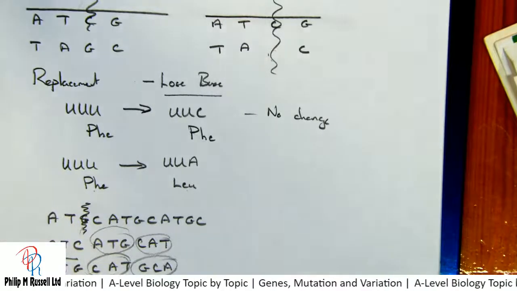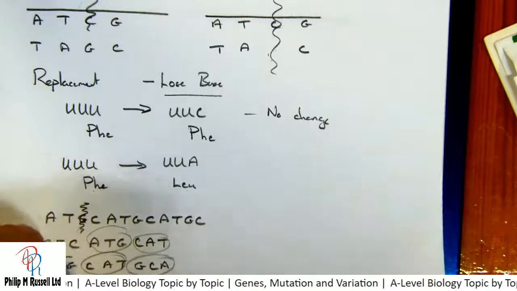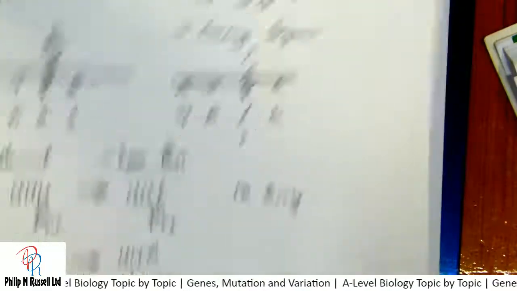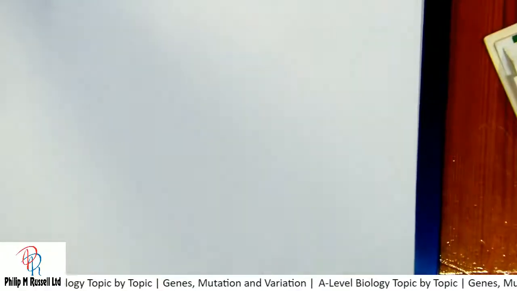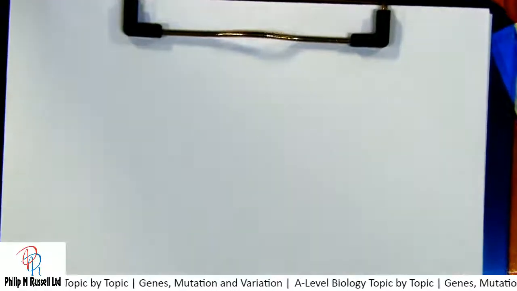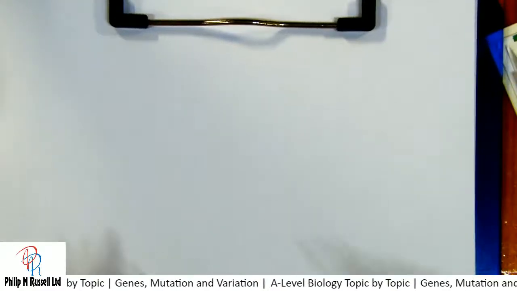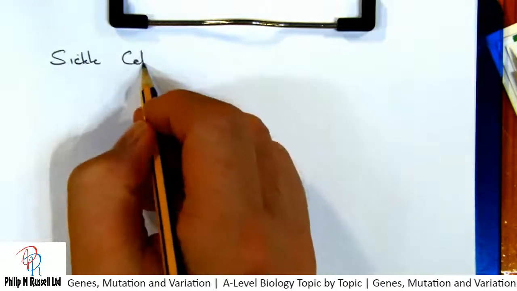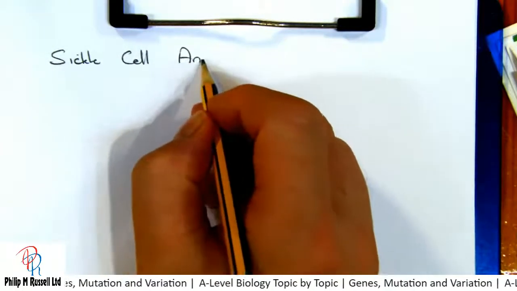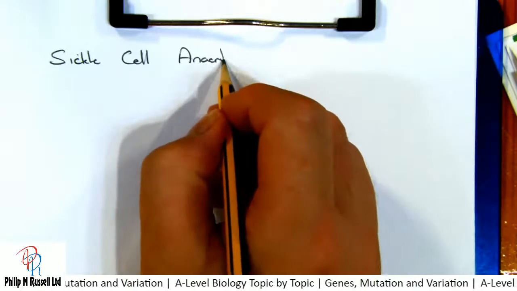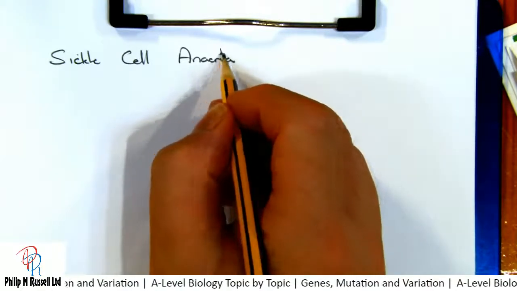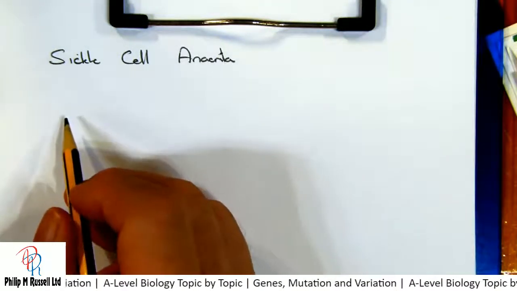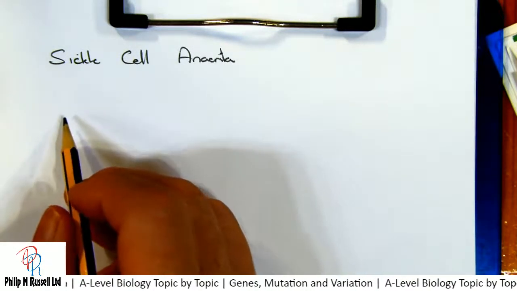Let's look at an example case of this. So let's just change one of the bases. Changing one of the bases is a disease that we meet called sickle cell anemia. Not very good spelling at the moment. Right, sickle cell anemia. Now, what is sickle cell anemia?